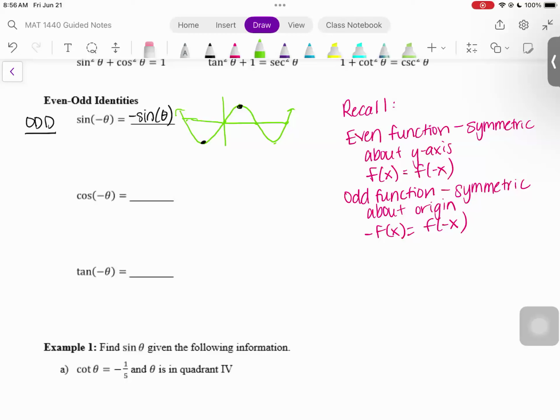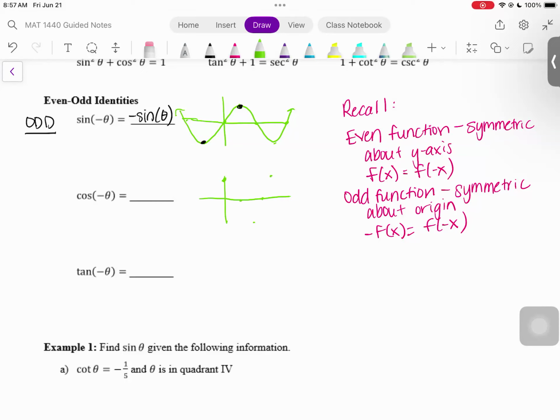Similarly, if we were to look at cosine of theta, when we're starting at x equals 0, it starts at its peak, goes to the midline, down to the minimum, back to the midline, back to the peak, and we can continue that pattern to the left of the y-axis.